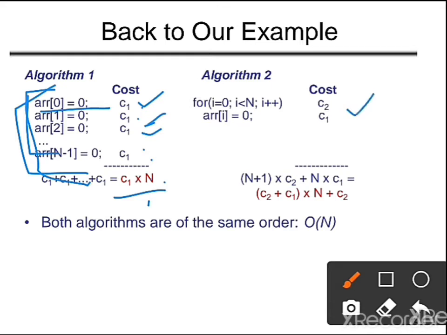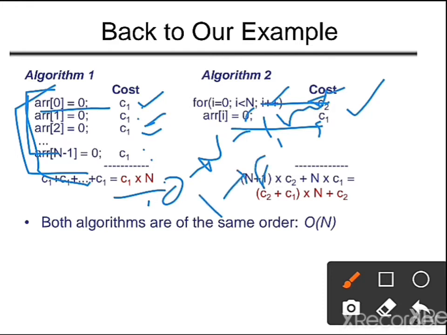And here we are using another for loop, for i equal to 0, i less than n, i plus plus, array of i. So the loop cost is c2 and the array assignment cost is c1. So how many times will this loop condition be executed? n plus 1 times. For 0 to n it is the true case, and 1 time it is the false case.